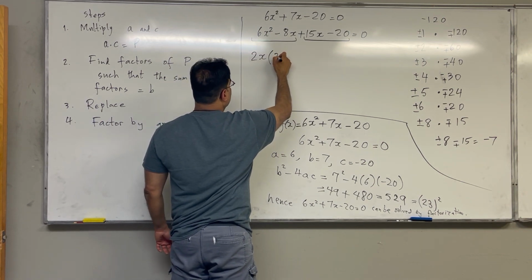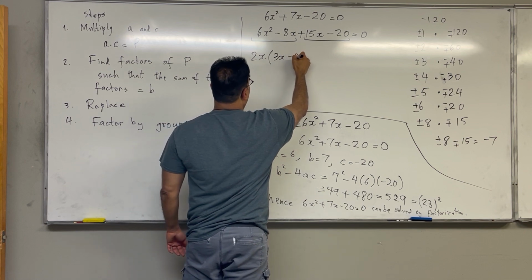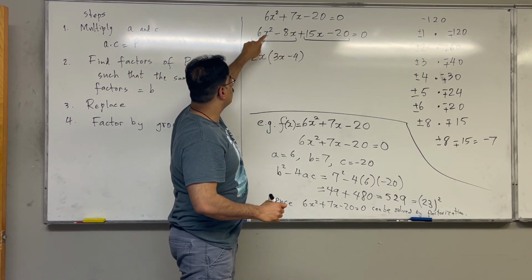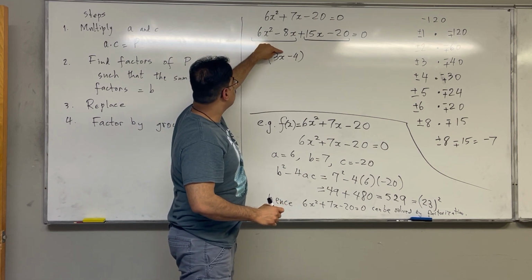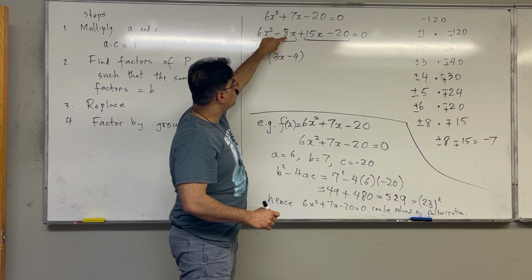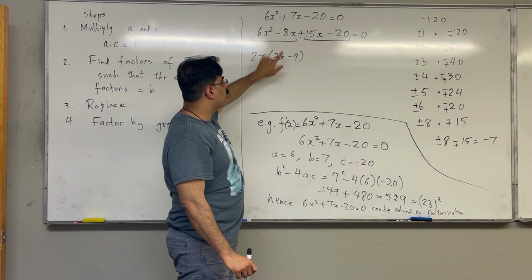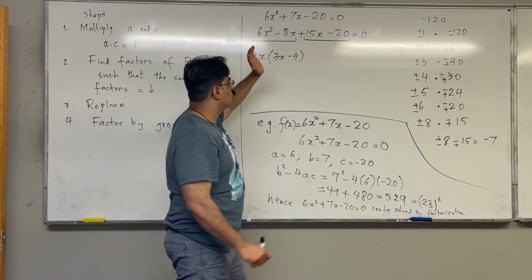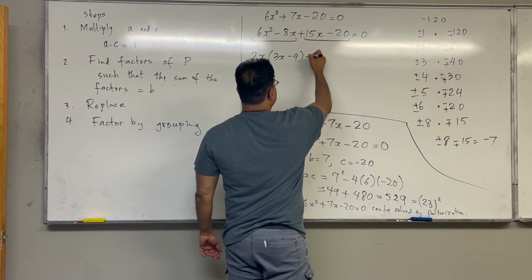So we are left with 3x minus 4. Observe, if I multiply it, I'll get back both of these. So 2x times 3x will give me 6x squared. 2x times negative 4 gives me negative 8x. Now the key thing is signs should also be kept in mind, that when you multiply, the signs should return back to the same signs that we had before.